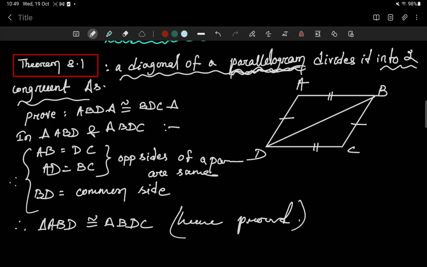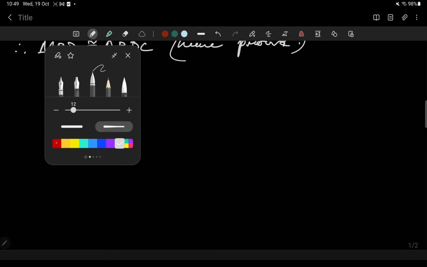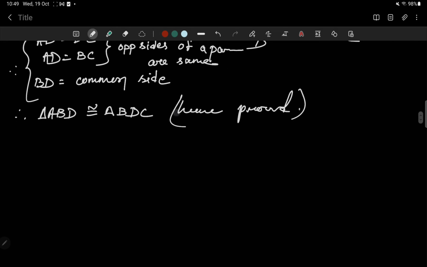We will do that in the exercises. So this is theorem 8.1. Now we will go for theorem 8.2.